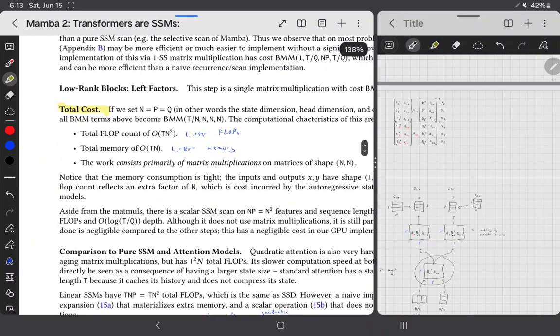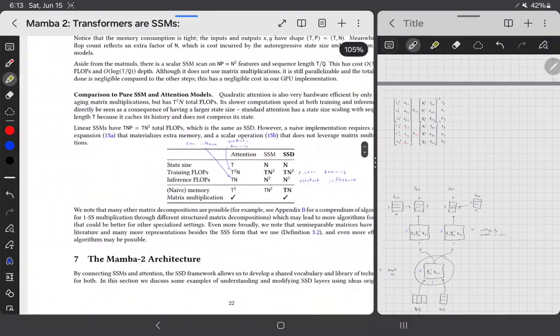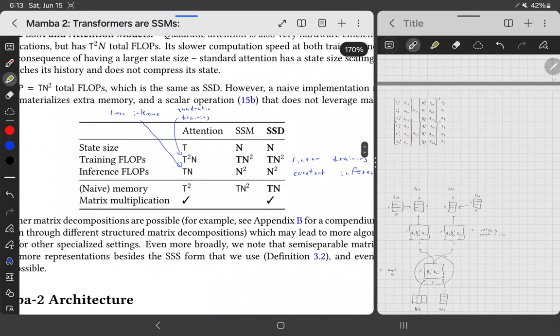So for the complexity of this algorithm, this is a good diagram here. Basically, n is the dimension, and t is the sequence length. For attention, we all know that the training flops are quadratic and the inference is linear. The state size is t, so you store every value.